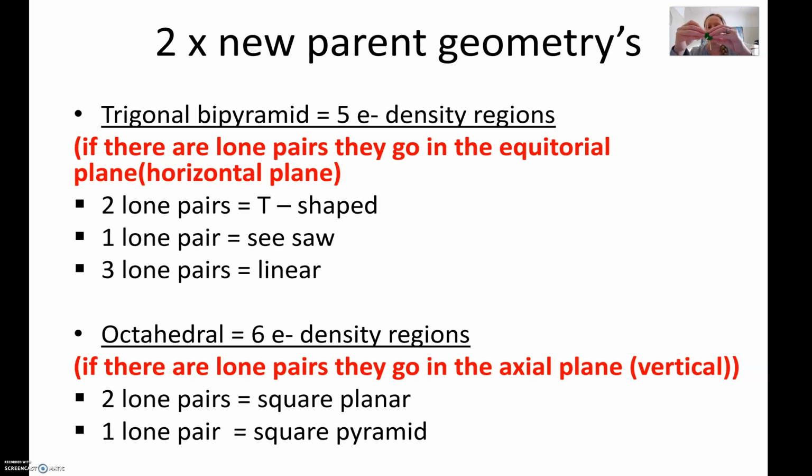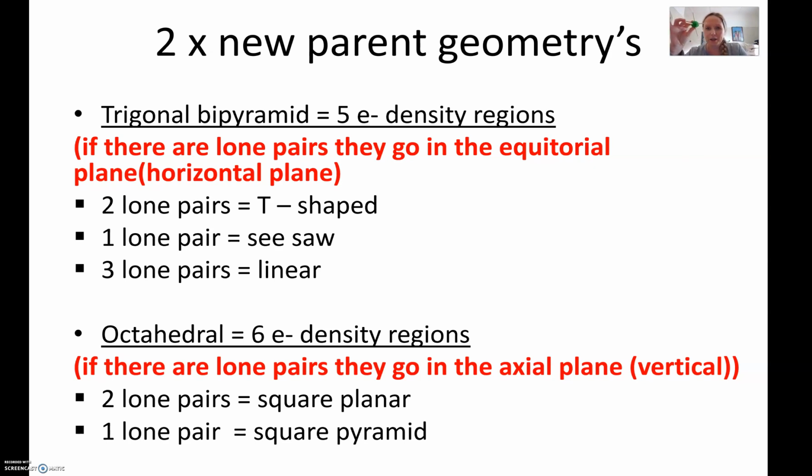It's quite hard, I know, to keep these kind of neat and tidy. So all of the bond angles for this shape are 90 degrees. Hopefully that's what yours looks like. I know they're a bit fiddly. So there are 6 electron density regions here, folks. There's 1 up and down in the axial plane, and there's 4 in the equatorial plane. And yeah, all bond angles 90. So that's nice and easy.